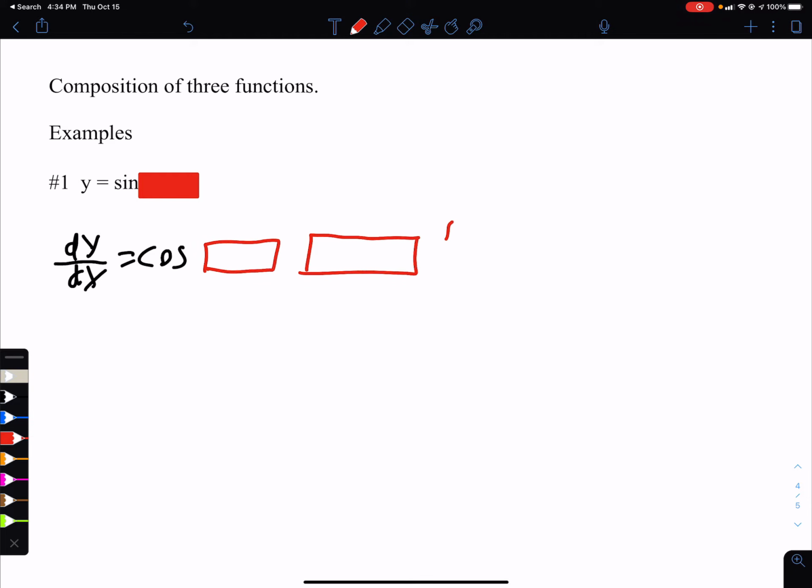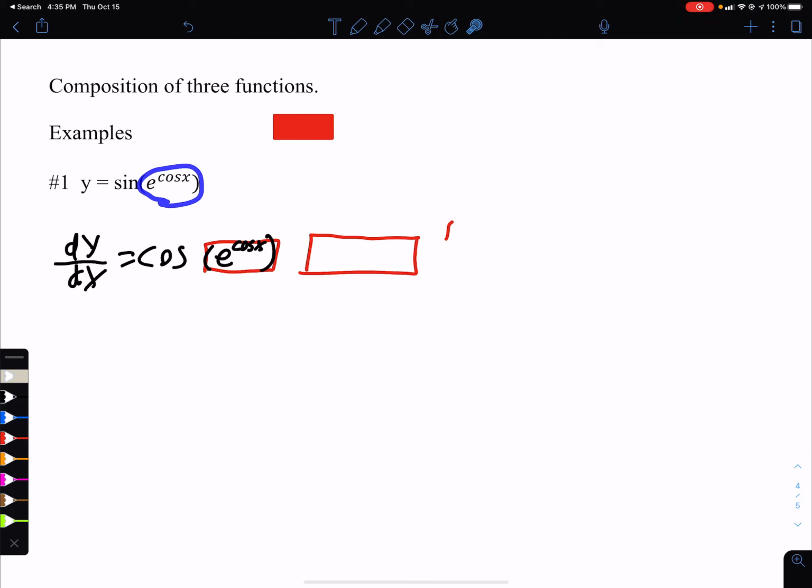So let's do this. So what is box? That would be e^(cos x). Now we have a problem. What's the derivative of that thing?